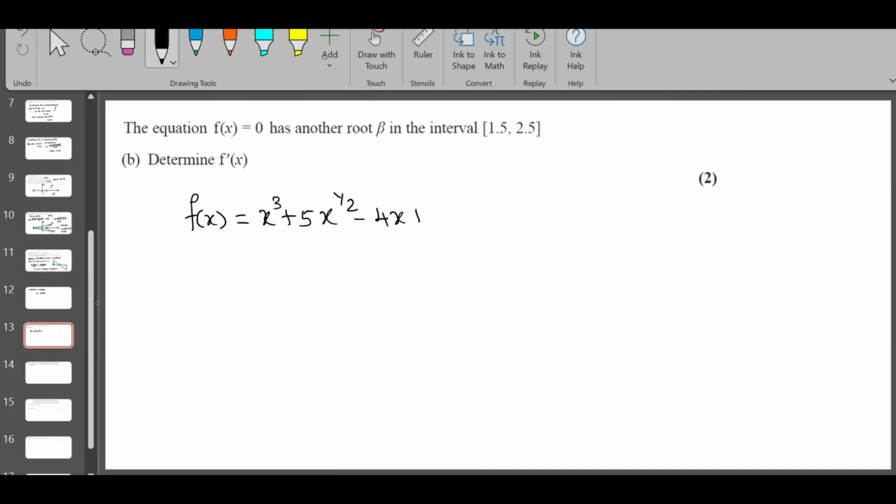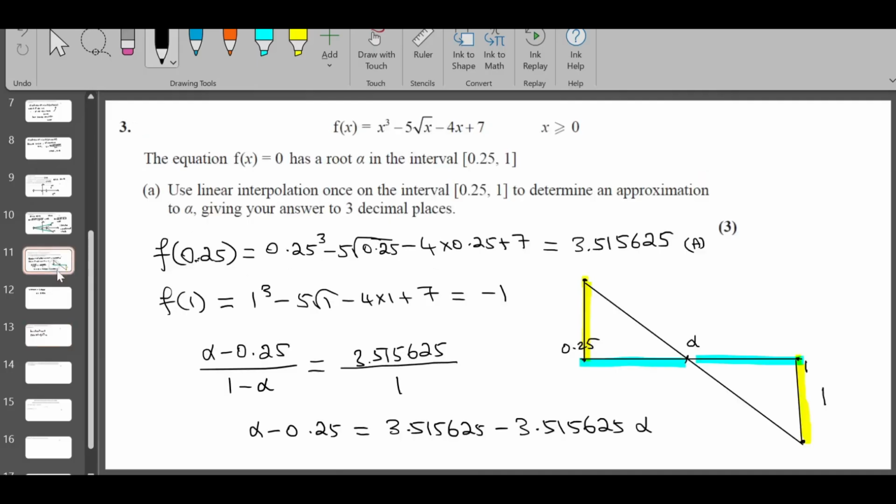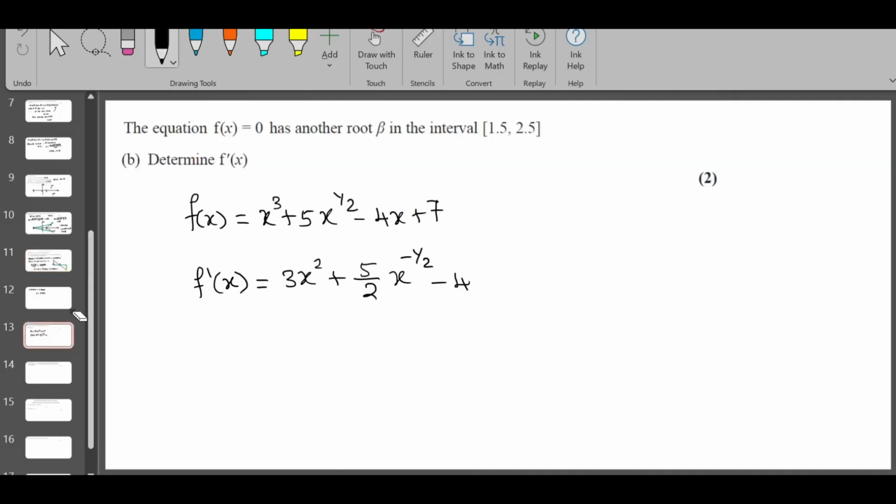So when you differentiate it, it's going to be 3x squared plus 5 times half x power half minus 1, minus 4. That's the differentiation. Just 2 more questions. But this was minus 5 root x, right? So it should be minus 5 over 2.